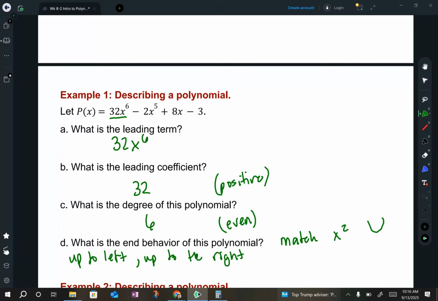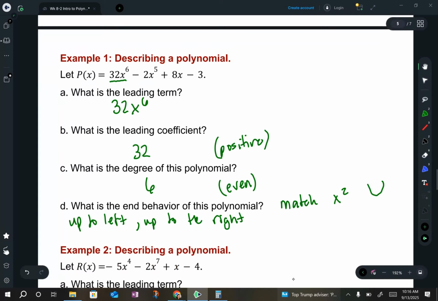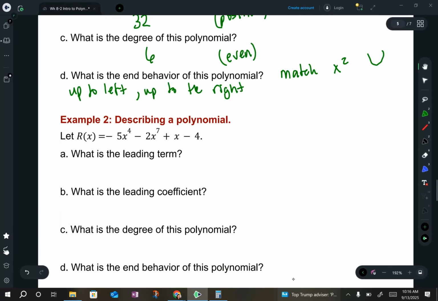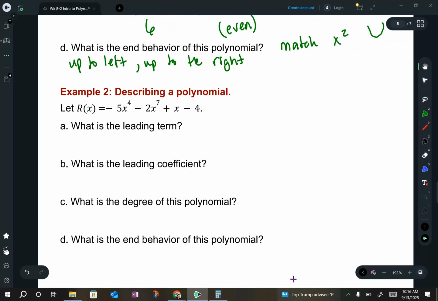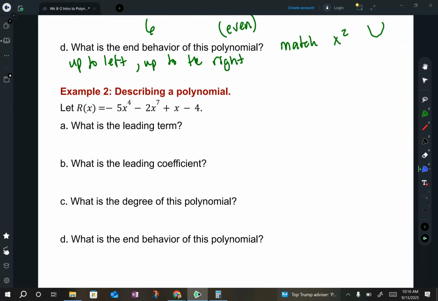Okay, let's do another example. All right, this polynomial is r of x equals negative 5x to the 4th minus 2x to the 7th plus x minus 4. What is the leading term? Well, it's tempting to say minus 5x to the 4th, but this is actually a trick.